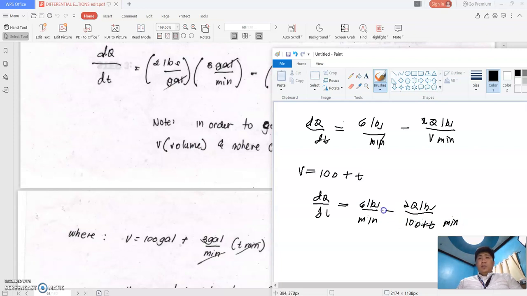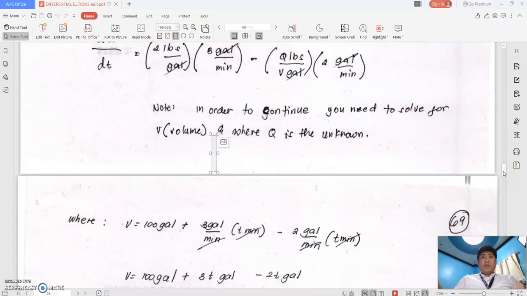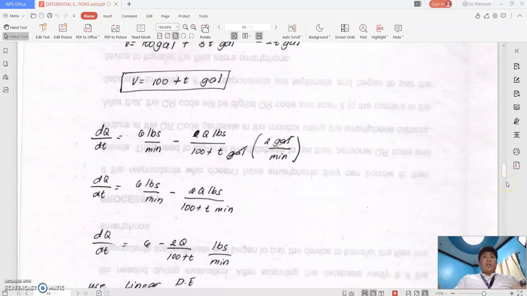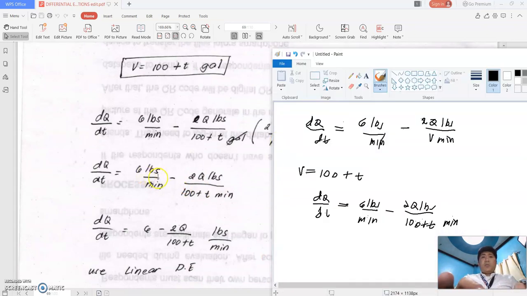So now we have the same units. So what happens here is like this. That's why it becomes like this: 6 pounds per minute minus 2Q pounds over 100 plus t minute.